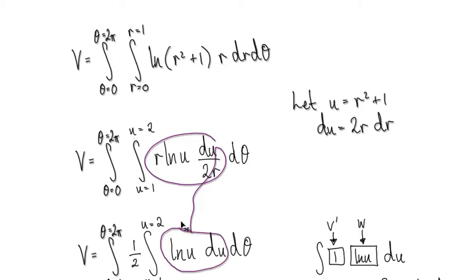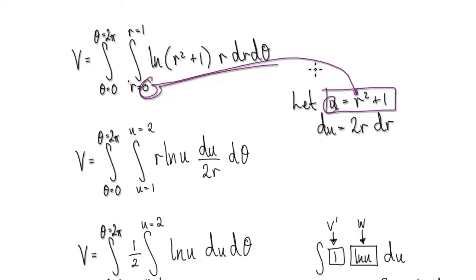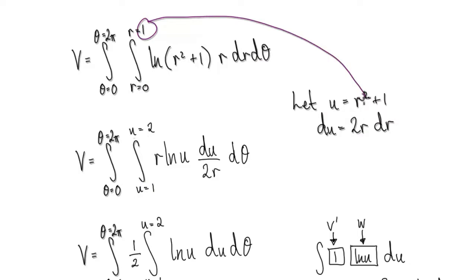Okay, and we need to sort out our limits of integration. Making this substitution would be the same as integrating from u equals, when you put 0 into here, it would be 1. Then put 1 into here, and that would be u equals 2.